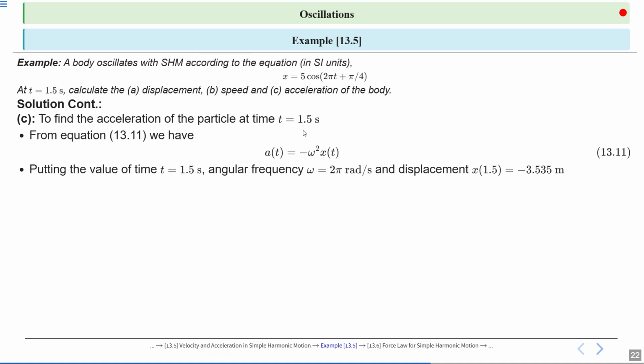Putting in time t equal to 1.5 second, angular frequency omega equal to 2 pi radian per second, and displacement x of 1.5 equal to minus 3.535 meter, a of 1.5 is equal to minus 2 pi whole square into minus 3.535. Solving this, you get minus 4 pi square into minus 3.535, so a of 1.5 is equal to 4 pi square into 3.535.